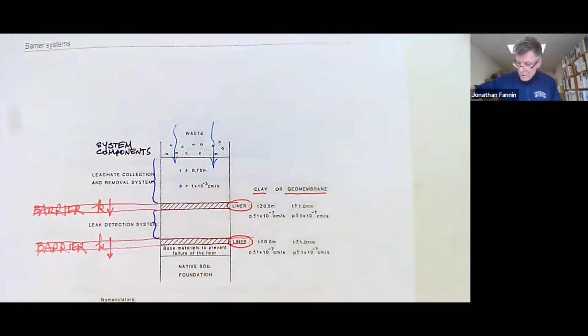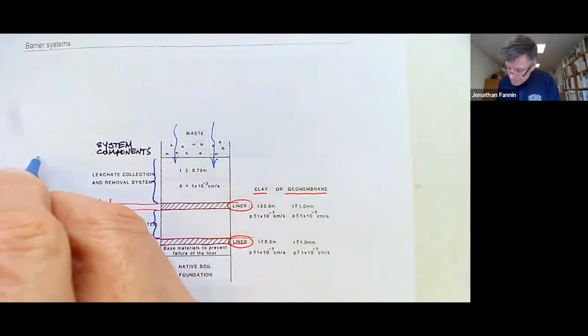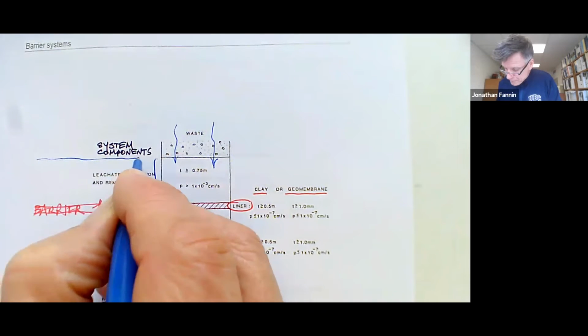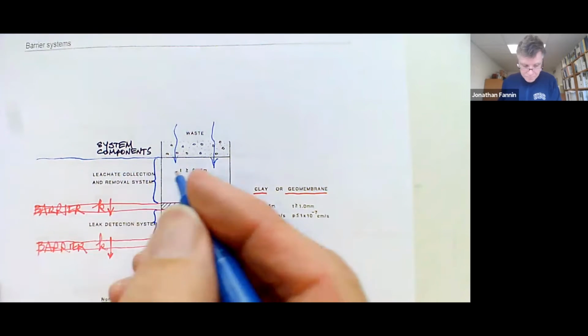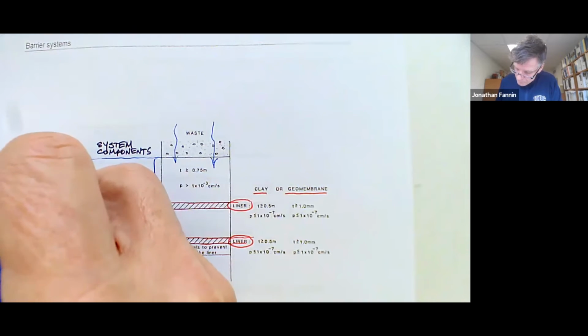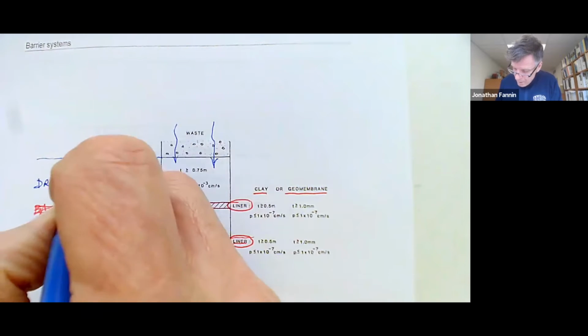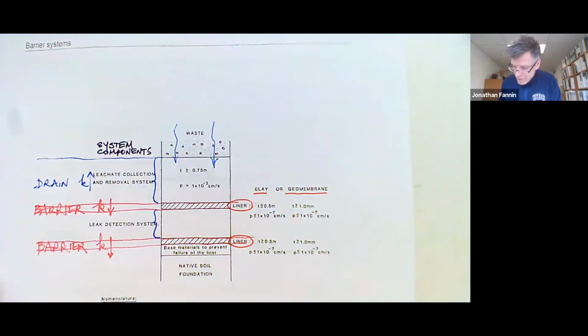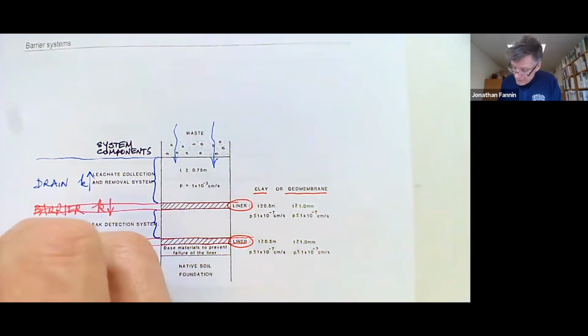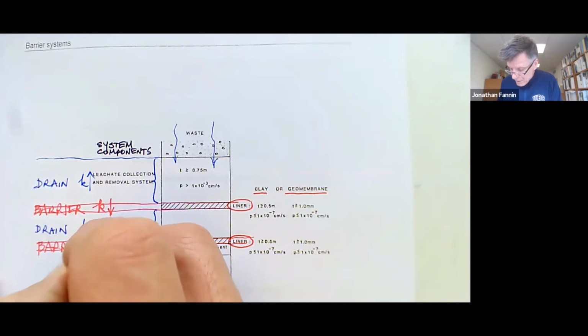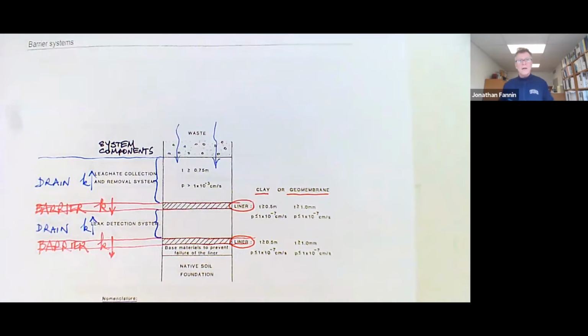And let's view that what is above here is a drain, and the conductivity of the drain is relatively high. And the leak detection system is a drain, and the conductivity is relatively high.